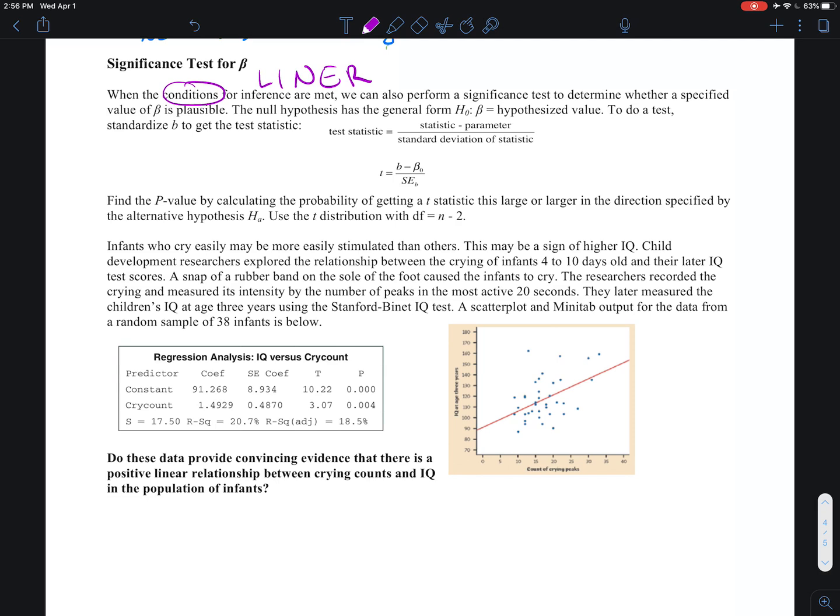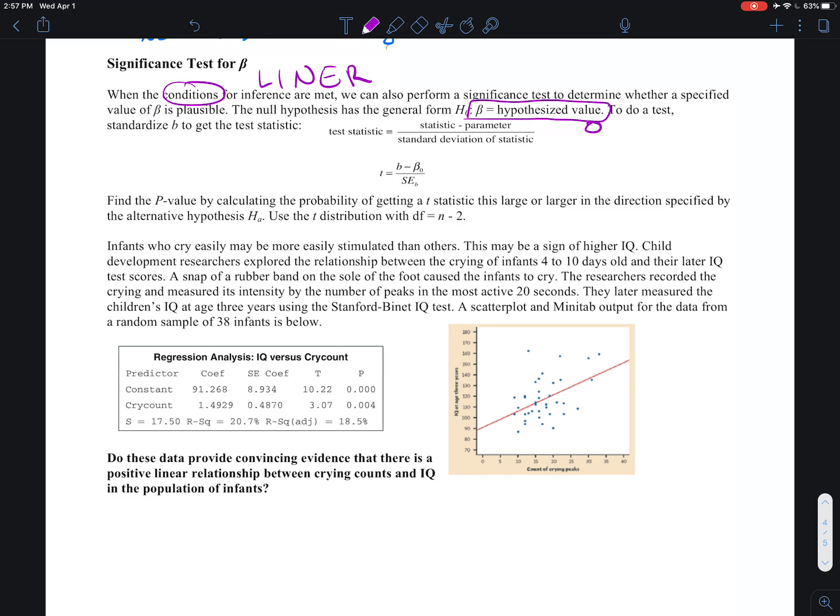The null hypothesis is going to be that beta is equal to a hypothesized value, typically 0, indicating there's no linear relationship between the two quantitative variables. But sometimes the claim is that the slope is 10, and you would test to see that it's greater than, less than, or maybe not equal to.